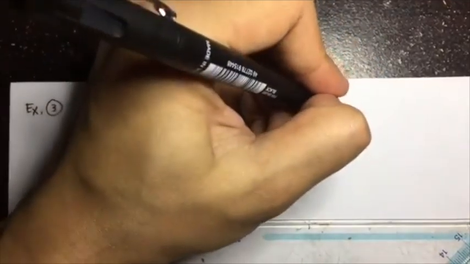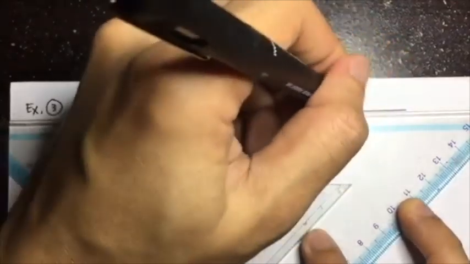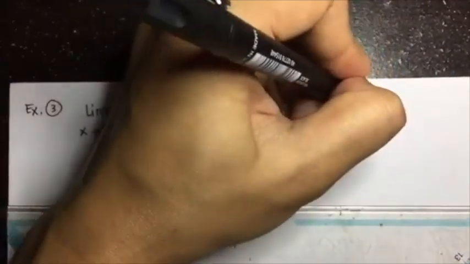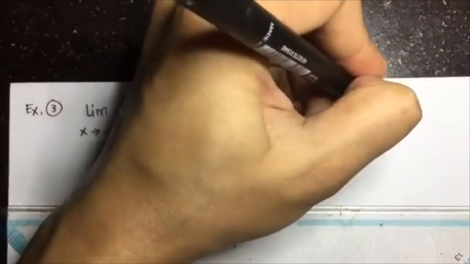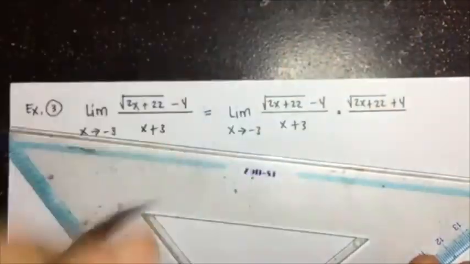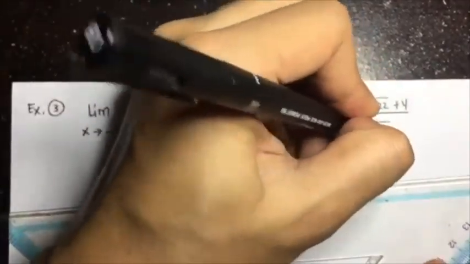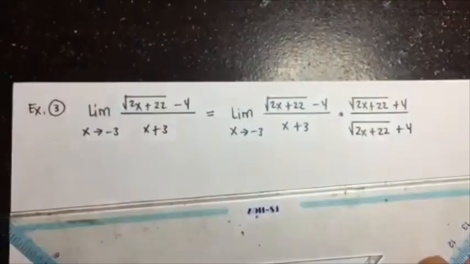We multiply and divide by the square root of 2x plus 22 plus 4 over the square root of 2x plus 22 plus 4.